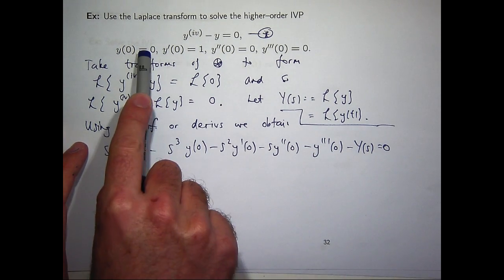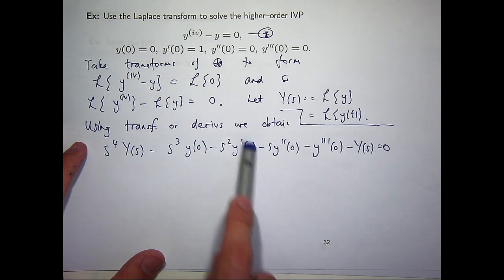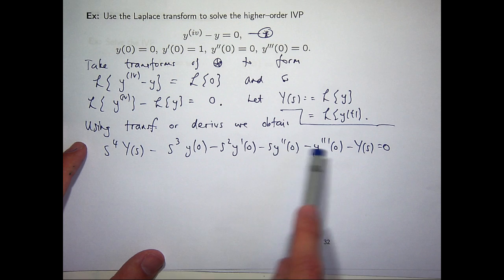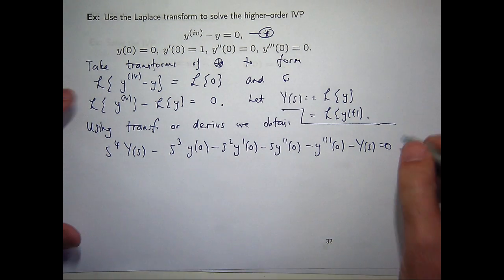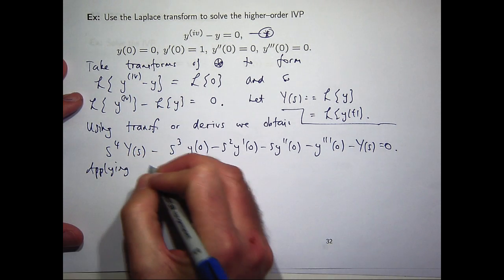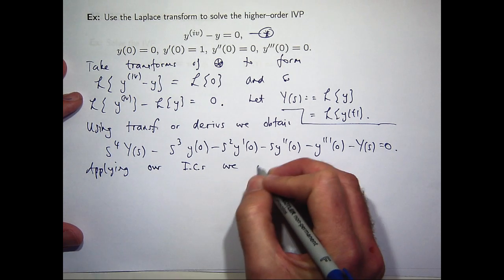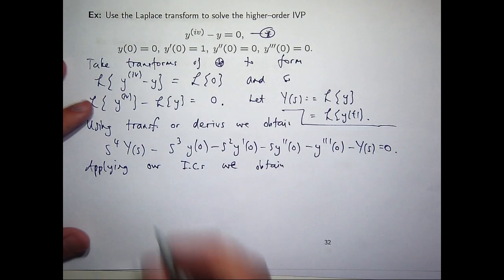Well, let's have a look at the initial conditions. That's going to be 0. That's going to be 1. That's going to be 0. That's going to be 0. So applying our initial conditions, we obtain something.